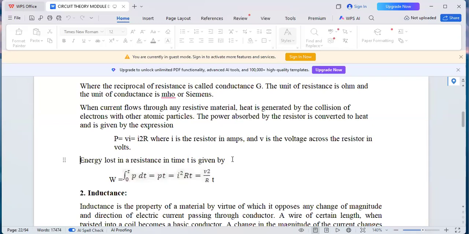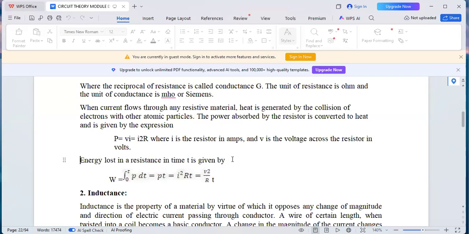So work done or energy is from zero as time progresses from zero to T, where T is time or a certain time. You understand? So if I take it from 0 to 2, that means from 0 seconds to 2 seconds, integral of power dt.